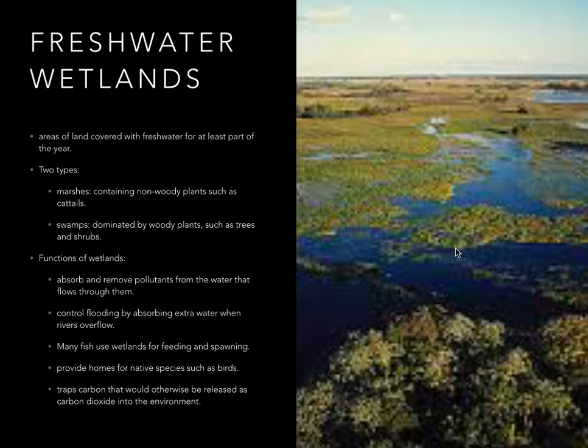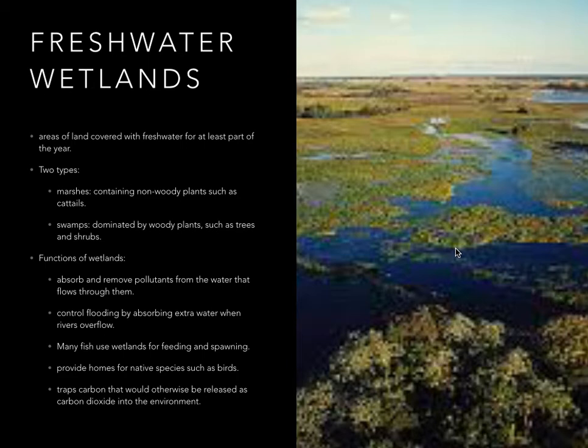So the functions of the wetland: they're going to absorb and remove pollutants from water that flows through them. So it's kind of a stopping ground for this flow of water, and the water can stop here and filter through before it goes into other rivers and lakes. It also controls flooding by absorbing extra water when rivers overflow.